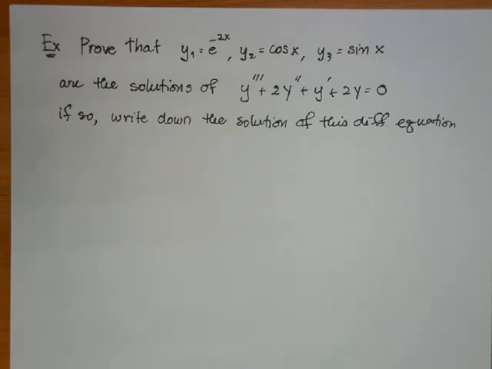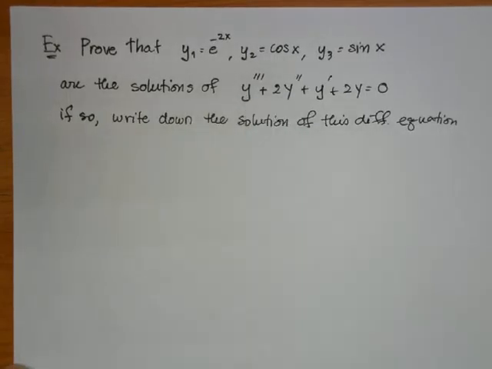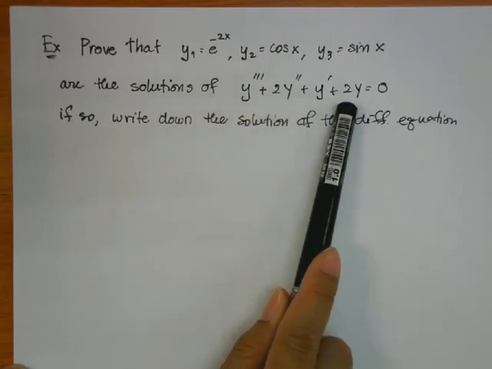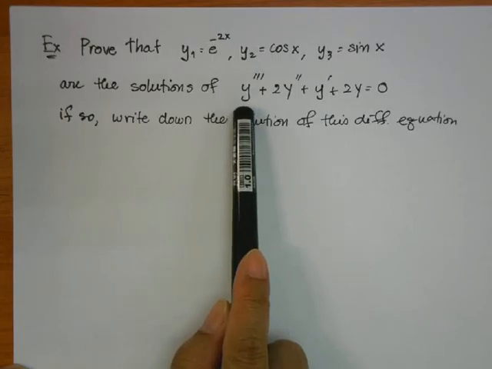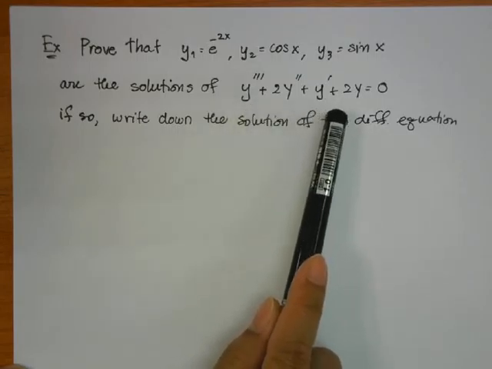So, this differential equation is a third order linear differential equation, right? And if you take a look at it, the coefficients in front of the derivatives of y and y are constant. So we call this a constant coefficient linear differential equation.